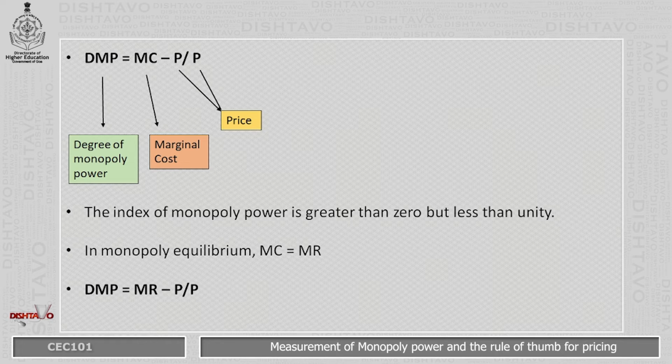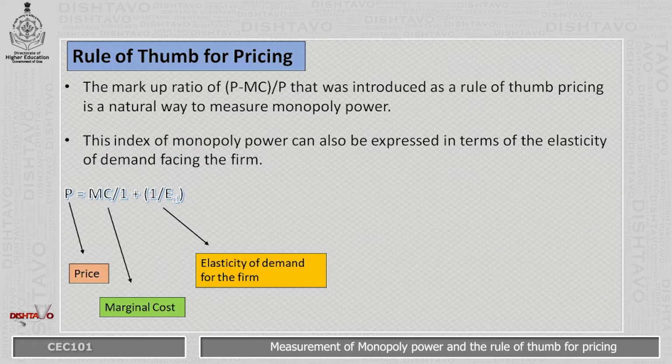In monopoly equilibrium, marginal revenue is equal to marginal cost. So we can rewrite the index as degree of monopoly power equals (P minus MR) divided by P. So Lerner's measurement measures monopoly power by taking the difference between the price the monopolist charges in the market and his marginal cost.